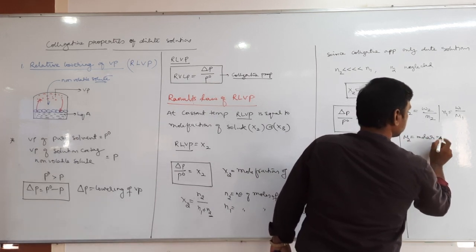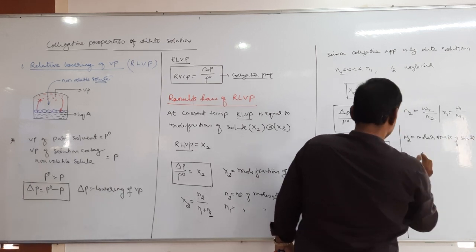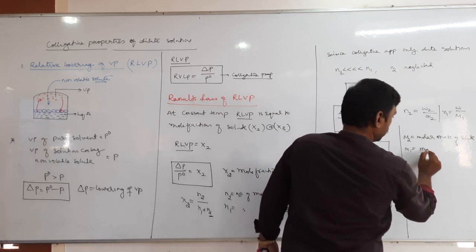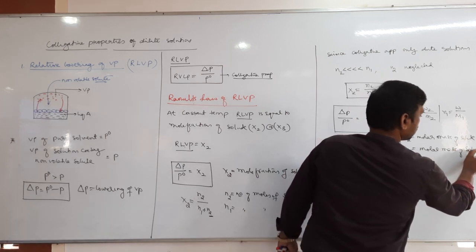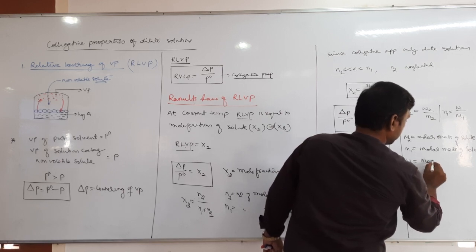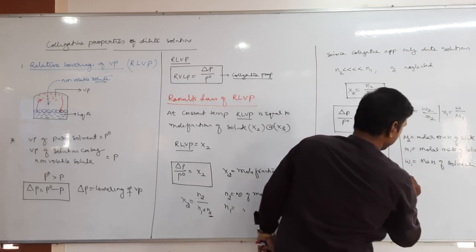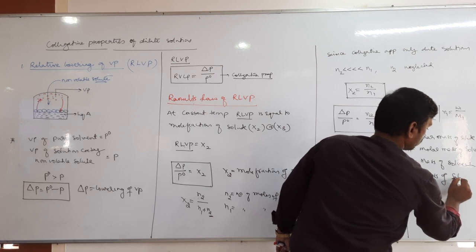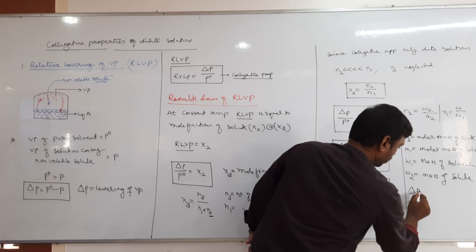So what is M2 equal to? Molar mass of solute. M1 equals molar mass of solvent. W1 equals mass of solvent. W2 equals mass of solute. And what is delta P equal to?